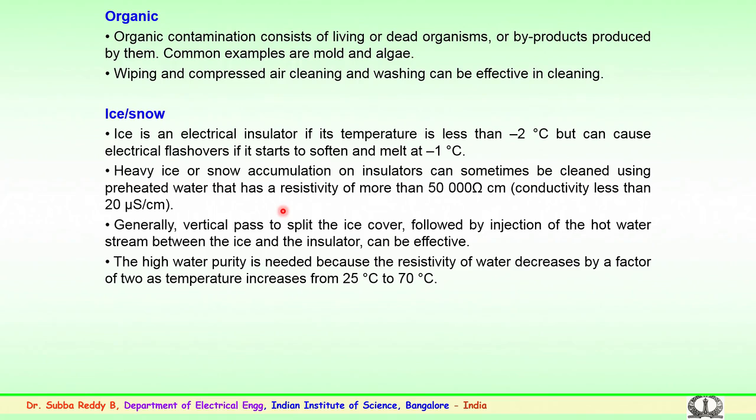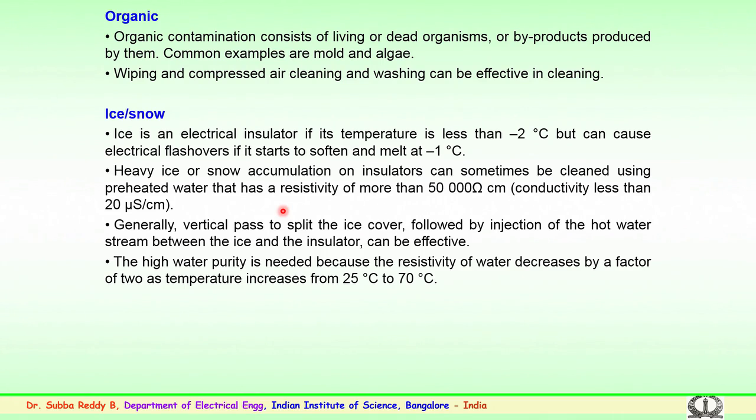Several of these contaminants which are discussed are generally noticed in the transmission or distribution or in the substation system, where these contaminants or pollutants accumulate over a period of time.